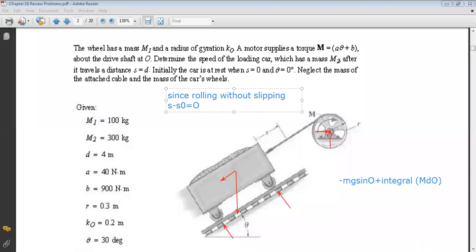Here I will put theta minus theta 0 times R, because delta s is delta theta times the radius of the pulley.